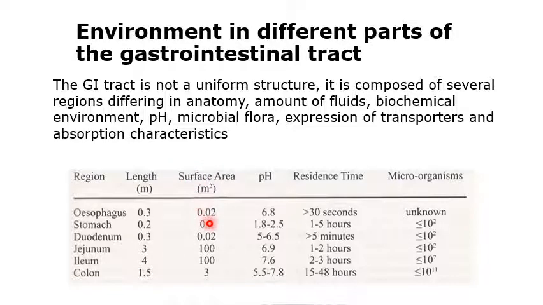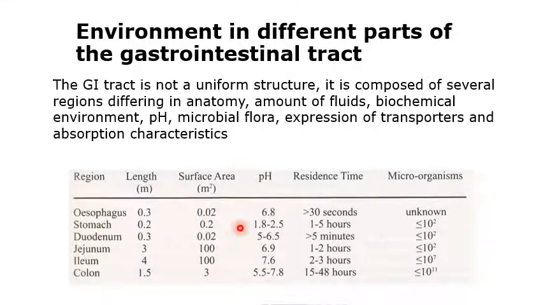An example here is the difference between the surface area of the stomach and the surface area of all components of the small intestine, which are the duodenum, jejunum, and ileum. Total surface area available in the small intestine is around or more than 200 square meters, compared with 0.2 square meters for the stomach.